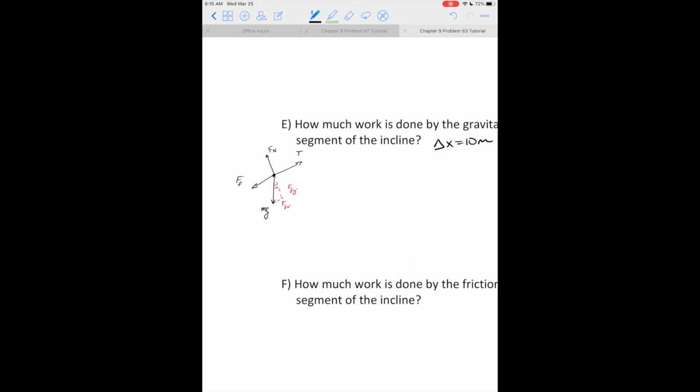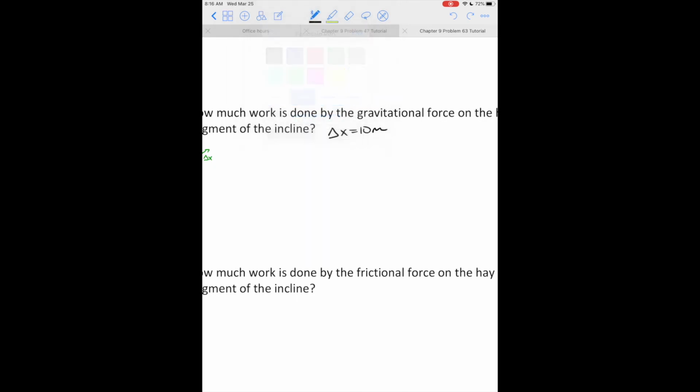So if we're thinking about this, how much work is done by the gravitational force? I know that I'm displacing in this direction, but I have this gravitational force just straight down. I could do this one of two ways. I could just do the straight up work definition.